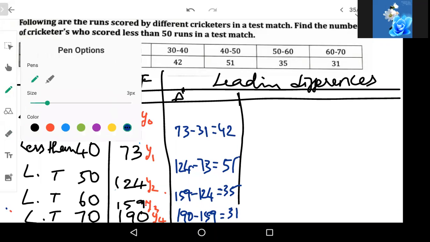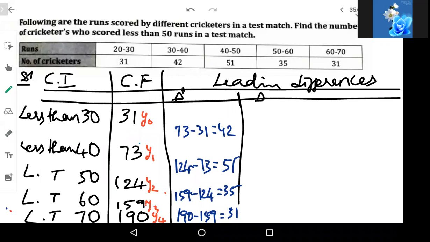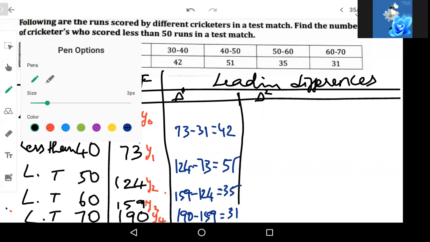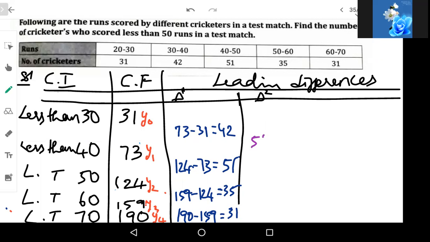Next, for the second leading difference, take the other two differences. 51 minus 42 is equal to 9. 35 minus 51, you'll get minus 16. 31 minus 35, you will get minus 4.